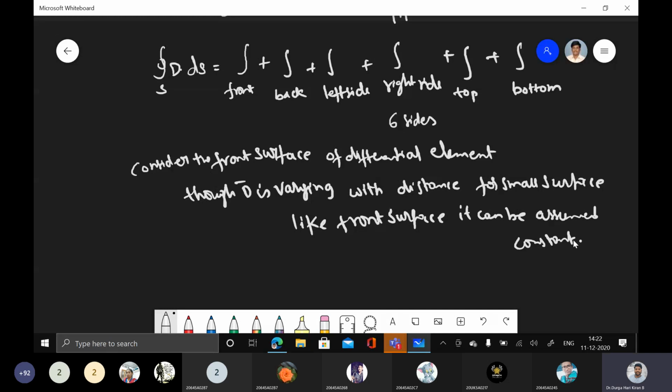So consider the front surface of the differential element: D bar is varying with the distance, but for a small surface like the front surface, it can be assumed constant.